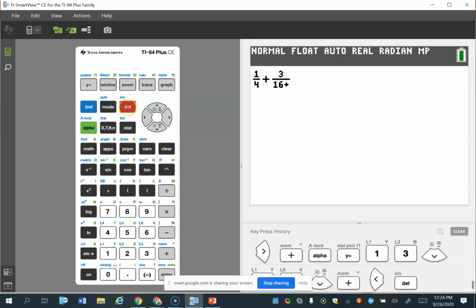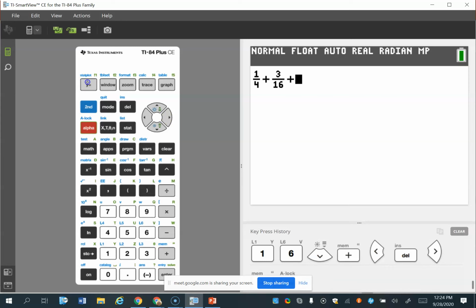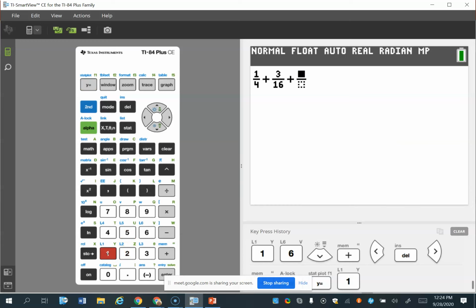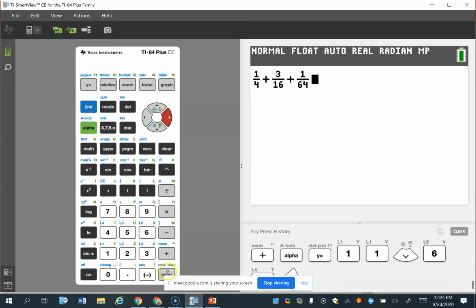Let me go back and get rid of that. Move the right arrow. There we go. Plus alpha y equals. And our last numeral is 1/64. And that would give us 29/64.